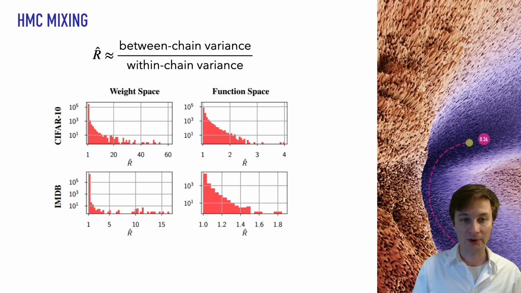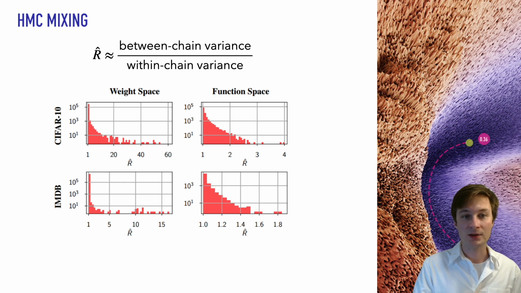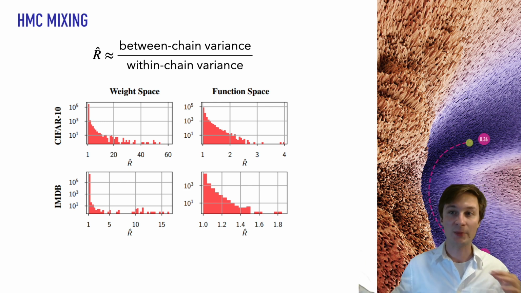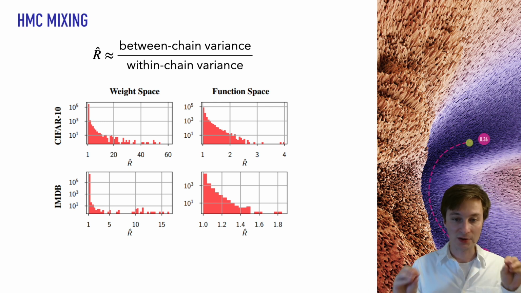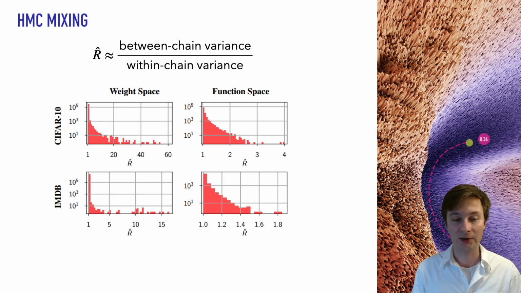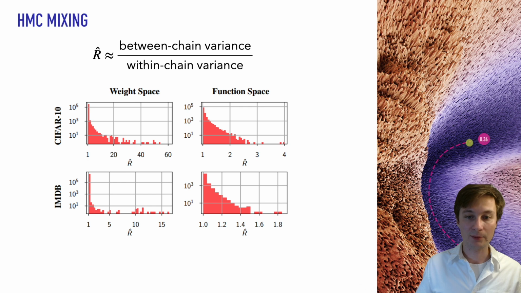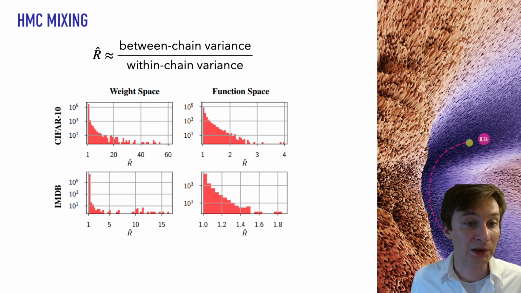Otherwise, for example, if we get stuck in a single optimum, a single mode of the posterior very locally, then the different chains will have much higher variance jointly than each one of them has individually, because each one of them is very stuck. In that case, our R hat metric would be quite large. But if all of them are exploring very effectively, we would get something closer to 1.